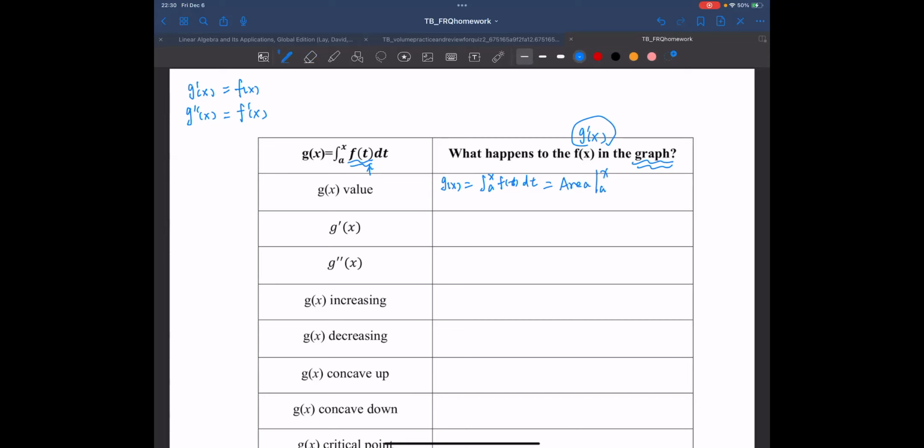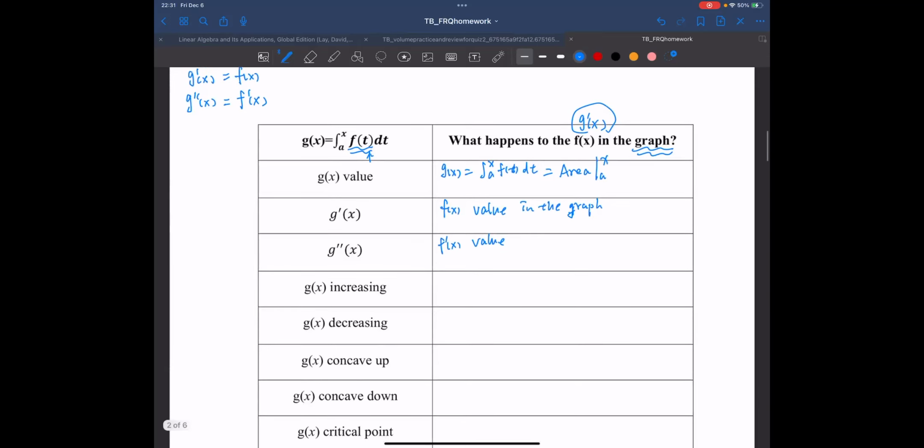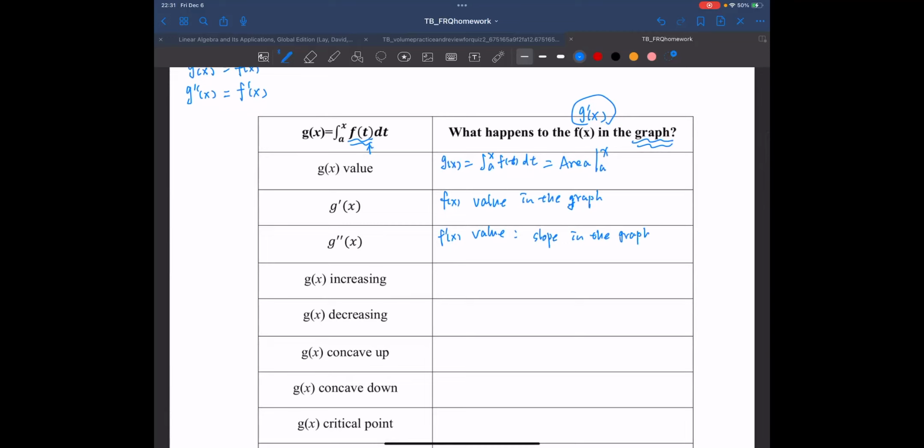And g prime x is just in the graph. So it's the f x value in the graph. Okay, double prime, it means the value of f prime x. So about f prime x, we just find the slope in the point in the graph of that point.